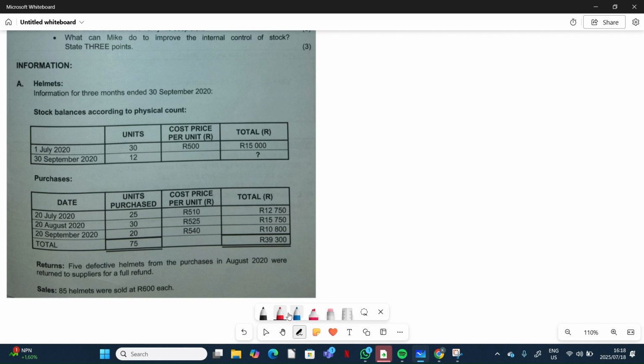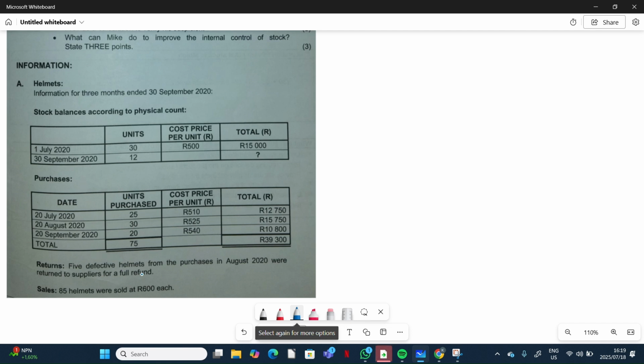So now let's look at the question and see how we would go about it. We are given the stock balances, right? We are given the opening stock, and the closing stock right there. Then here are the purchases.